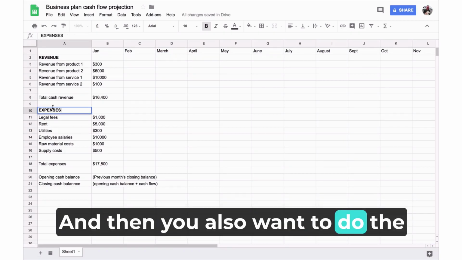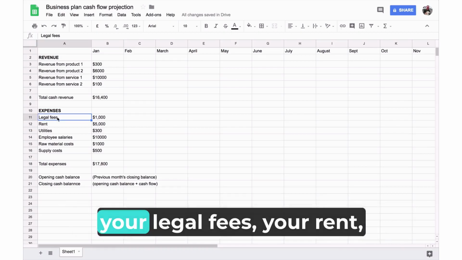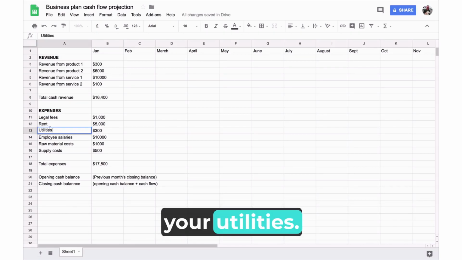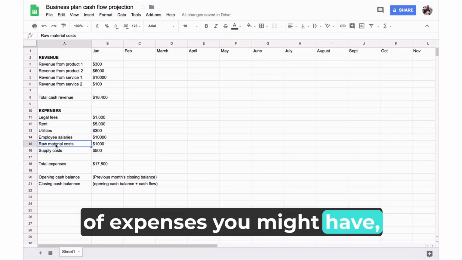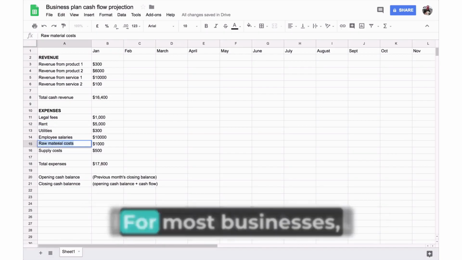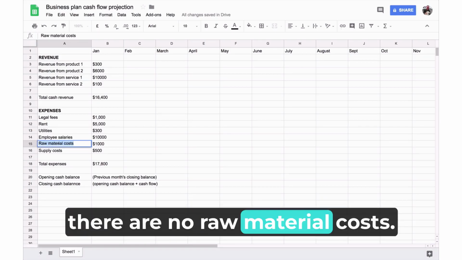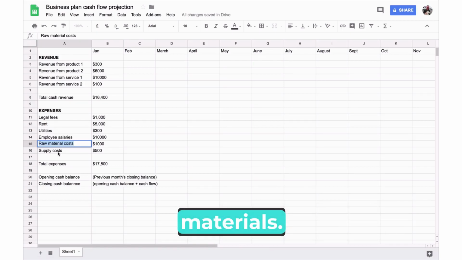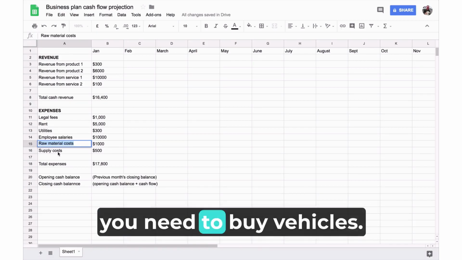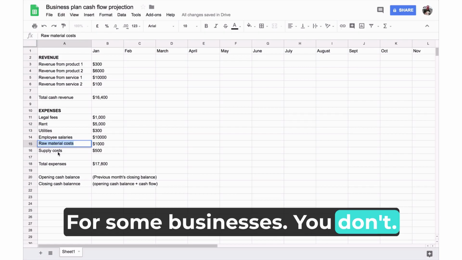And then you also want to do the same thing for your expenses, your legal fees, your rent, your utilities. And just to show you the variety of expenses you might have, like raw material costs. For most businesses, there are no raw material costs, but for different businesses, they are just very different materials. So for some businesses, you need to buy vehicles. For some businesses, you don't.